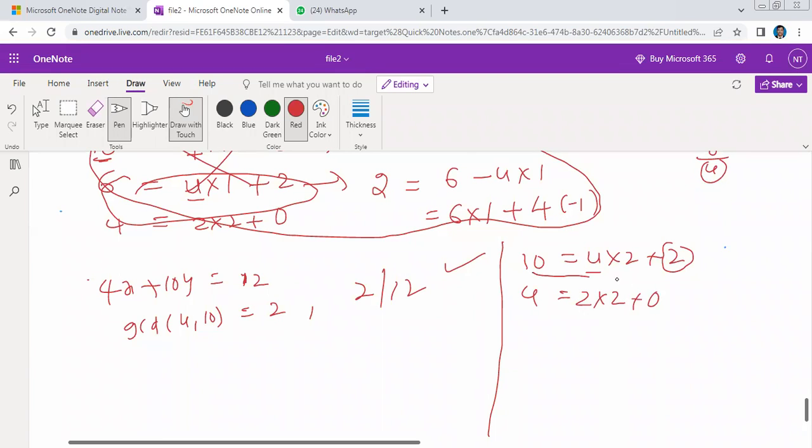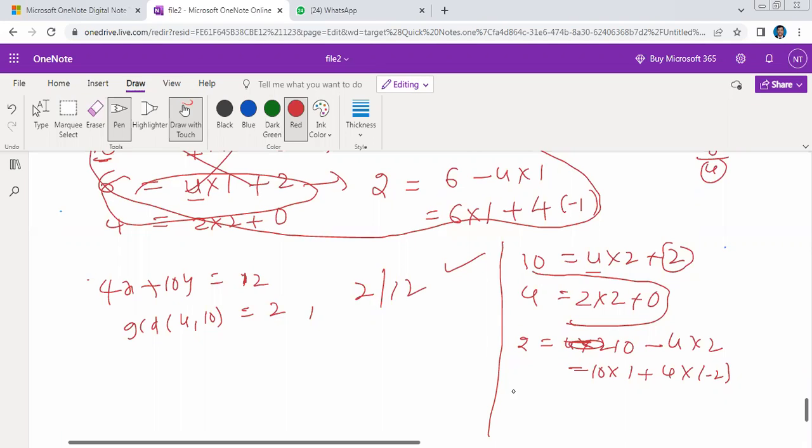I want to write this equation. 2 is equal to 4 times 1 minus 2, is equal to 10 minus 4 times 2. That is 10 into 1 plus 4 into minus 2. But our equation is 4x plus 10y, right? 4x plus 10y is equal to 12.